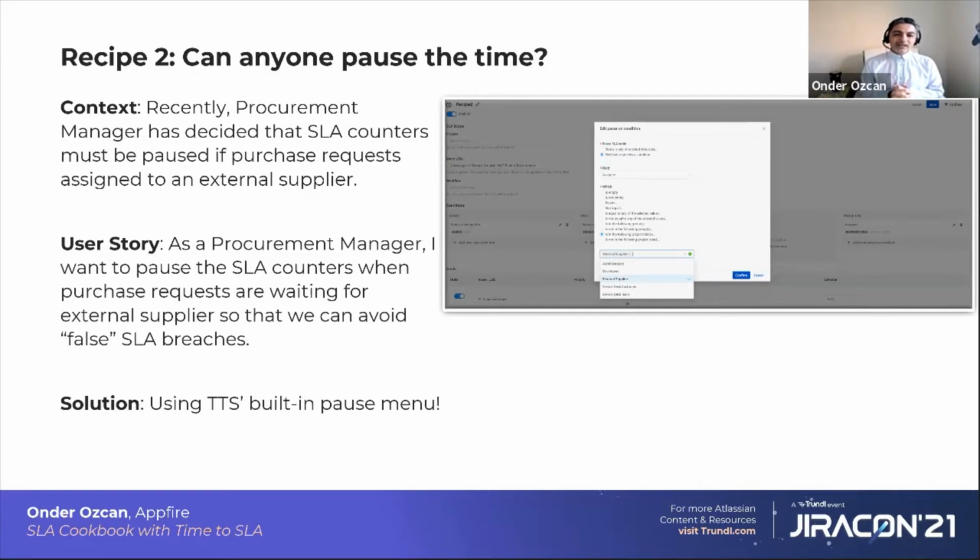As you can imagine, they already have SLA configuration in place, but along the way, day in day out, they are conducting their practices within their organization, and they experience that if the purchase requests progressed into external supplier, and if there's a delay for whatever reason, the clock is ticking, right?